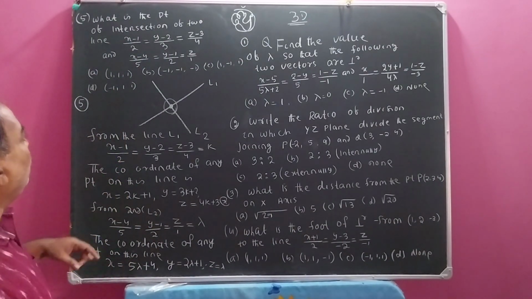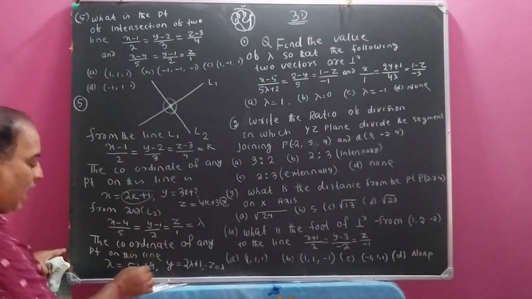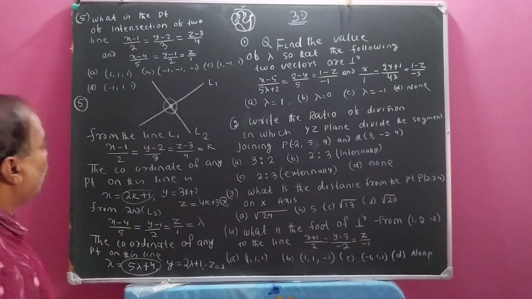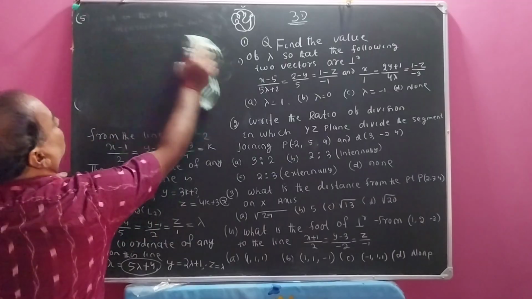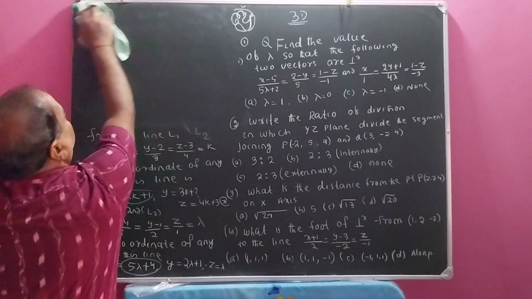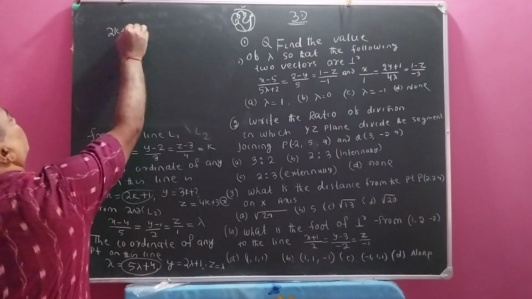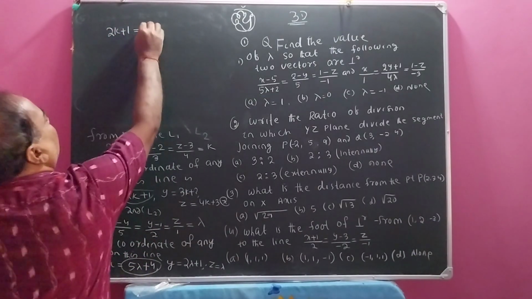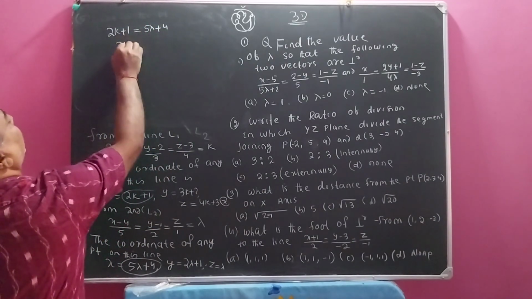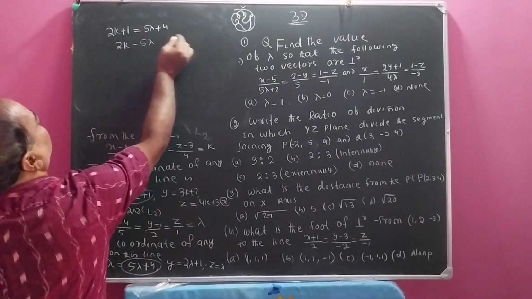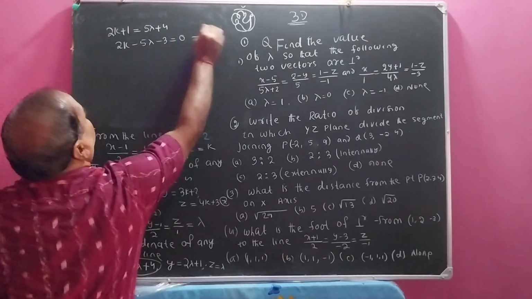So from 1 and 2 we get 2k plus 1 is equal to 5 lambda plus 4, that will be 2k minus 5 lambda minus 3 is equal to 0. So this is one equation.